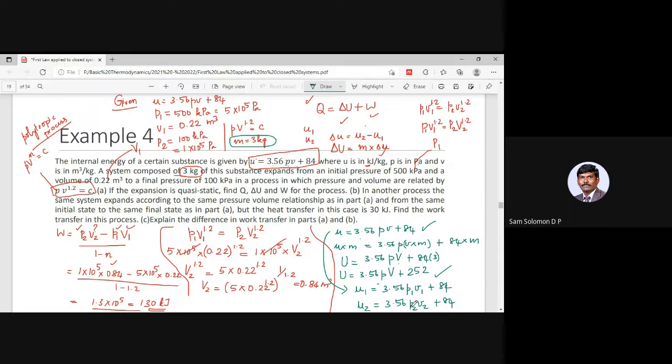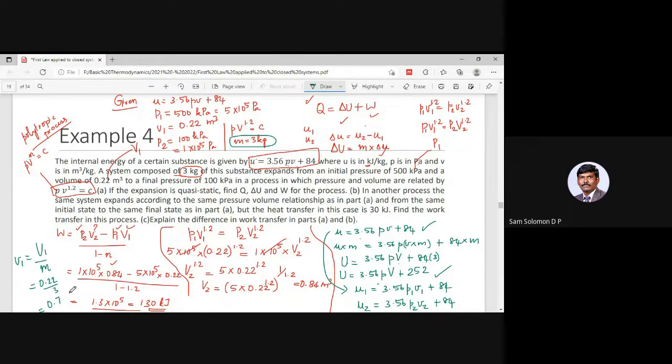After writing the equations like this, we don't have small v1. What we have is capital V1. Capital V1 is how much? 0.22 meter cube. So v1 divided by mass. Okay, so 0.22 divided by 3. So that is somewhere around 0.07. 7 3s are 21.